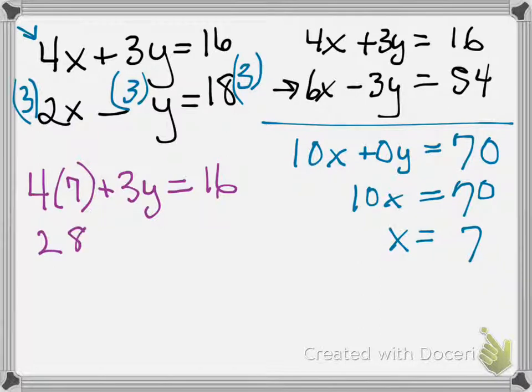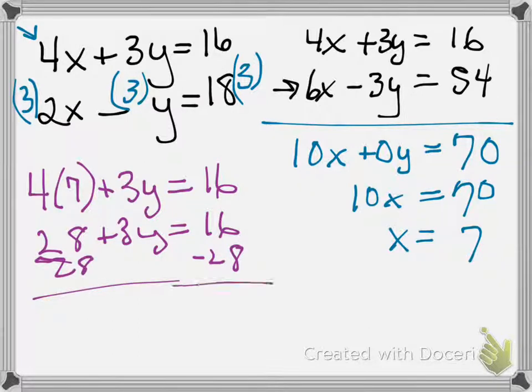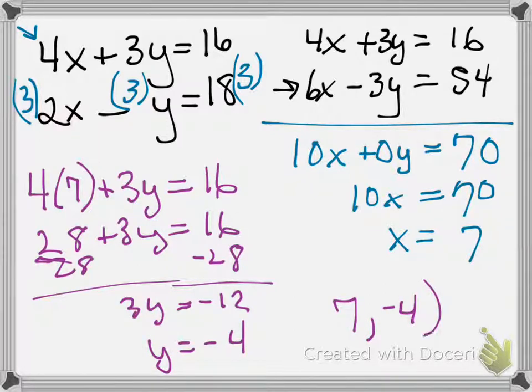Well, 28 plus 3y equals 16. Now I can subtract 28 from both sides. My 3y would equal a negative 12. So my y is going to equal a negative 4. So the set of numbers that worked here was 7, negative 4.